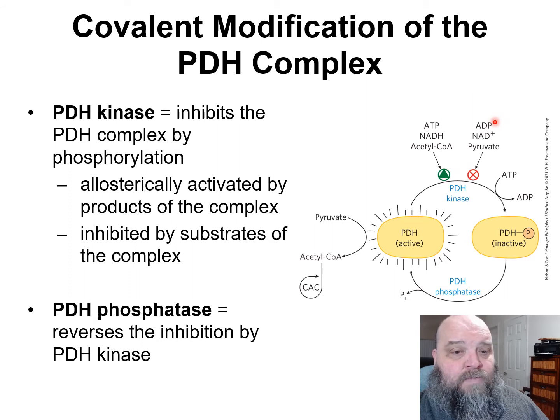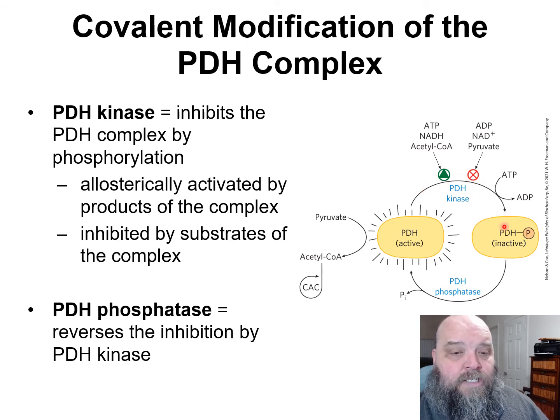Flip side, you have too much NAD, ADP, too much pyruvate. It's going to stop PDH kinase, which means the phosphatase is going to be able to pluck off that phosphate. PDH becomes active, and then pyruvate becomes acetyl-CoA and enters into the citric acid cycle. This turns PDH off, this turns it back on. They are constantly at work, back and forth.